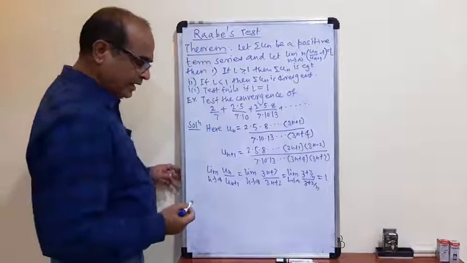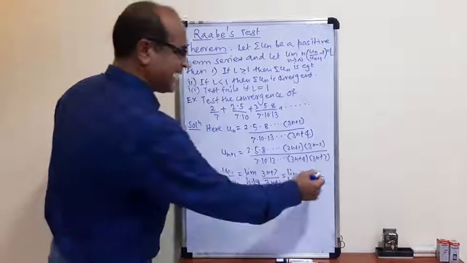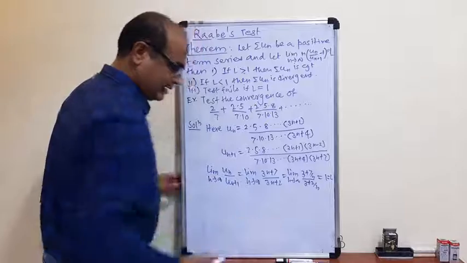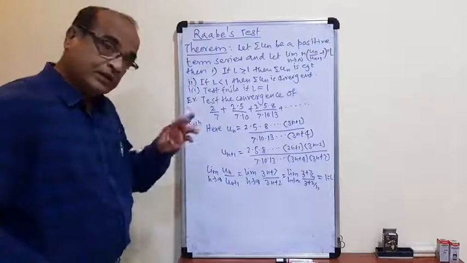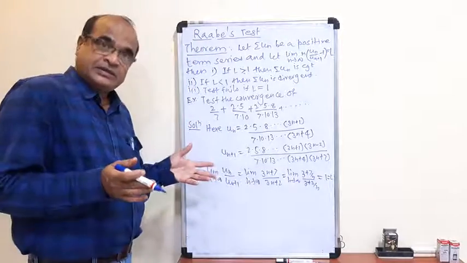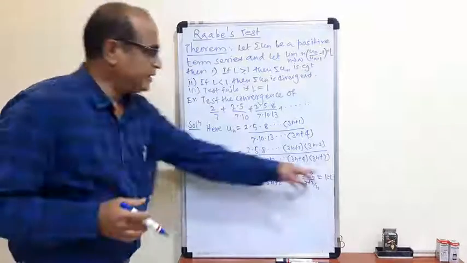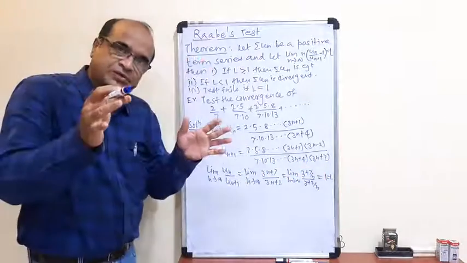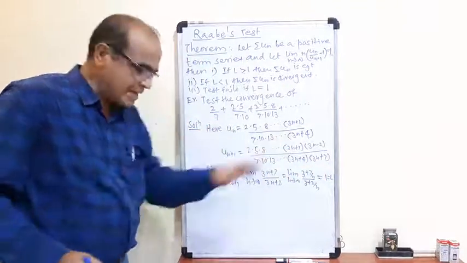So what happens by D'Alembert's ratio test? This is L. If you remember D'Alembert's test, the previous test, if L is equal to 1 in D'Alembert's ratio test, then the test fails.